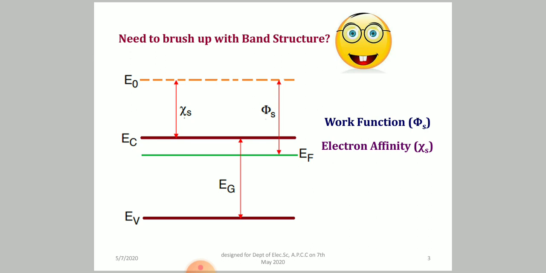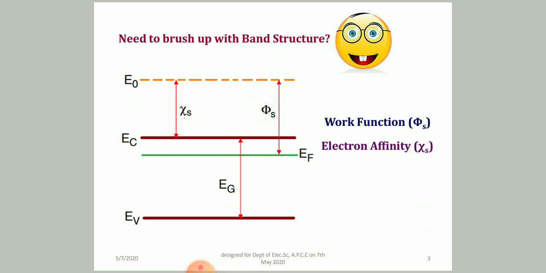So while we deal with metal, please know that in a metal the conduction band and Fermi level are the same. So the work function and electron affinity are naturally equal. So at that time, we never thought about distinguishing between work function and electron affinity.